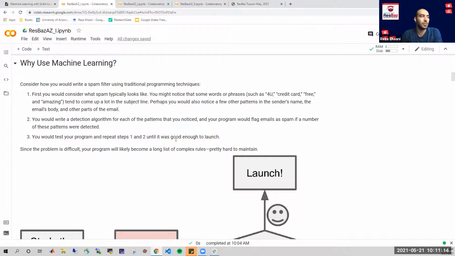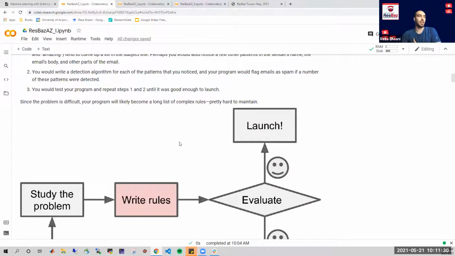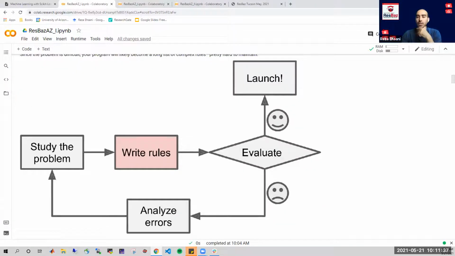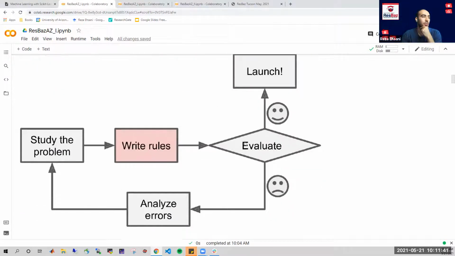Then you need to write an algorithm which is able to detect these patterns and flag an email as spam if a number of these patterns appear in that email. But as you probably noticed, this is a very tough task. It is very difficult to implement something like this, and you need to hard code everything in order to launch this program.